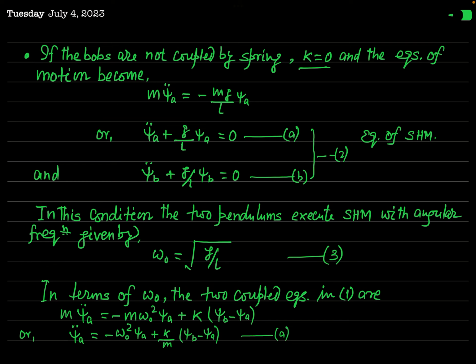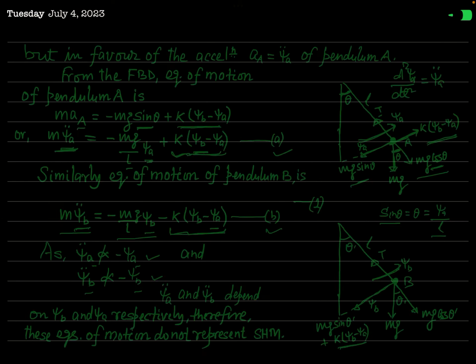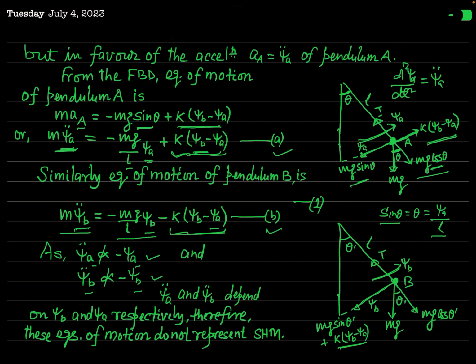So if the bobs are not coupled, and your aim is to write down the equations of motion of the two pendulums, you have to take k equal to 0. So taking k equal to 0, what will now be equations 1a and 1b? You can simply see that the second term, that is k times (psi b minus psi a), present in both of these equations will vanish.